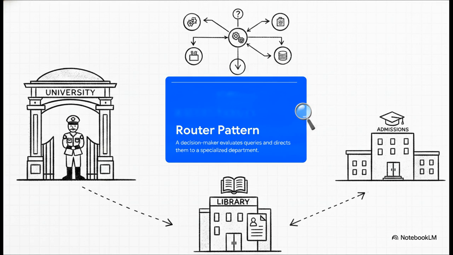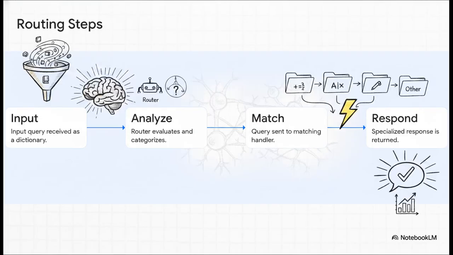The router pattern in LangGraph works exactly the same way. It's a system where an initial decision maker evaluates your incoming query and routes it directly to a specialized agent or department. Let's walk through how this actually flows in the code, step by step. Step 1, your system's entry point receives an input query, which is typically formatted as a data dictionary. Then, step 2, the router takes over.